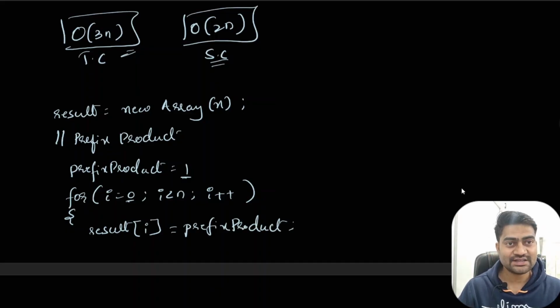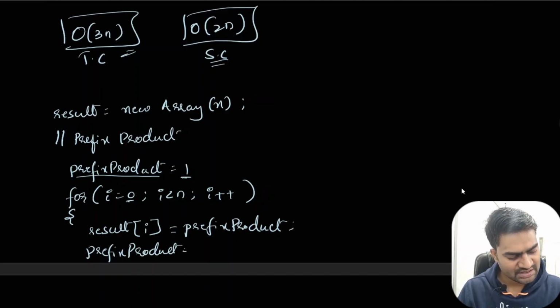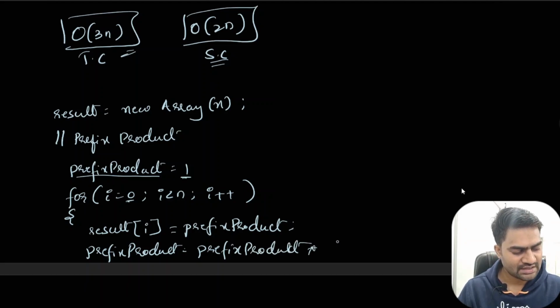After this, I need to find the next prefix product, right? So I need to update this value. My prefix product will be the current prefix product multiplied by nums of i.